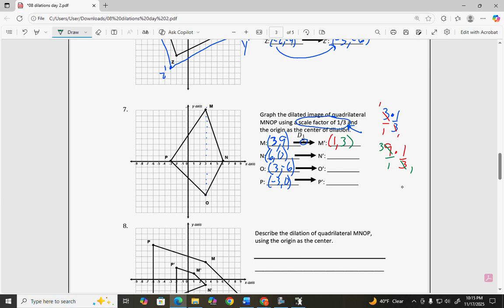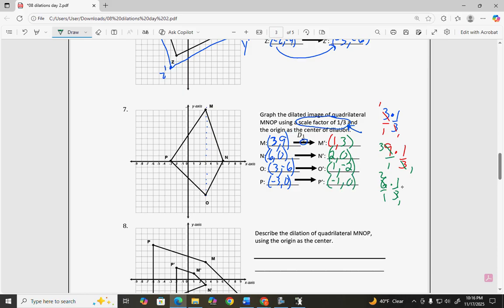I would wish that you knew how to multiply without a calculator, but if you need that calculator, you can use it. But I'm going to do these calculations. 6 times 1/3, these simplify to be 2. Anything times 0 is 0. We already did 3 times a third, you get 1. And we already did 3 times 6, so I know that 1/3 times -6 is -2. And if 3 times a third is 1, then -3 times a third is -1.